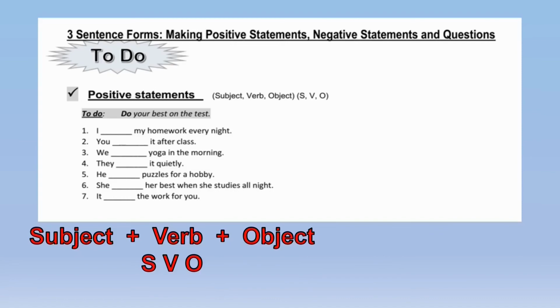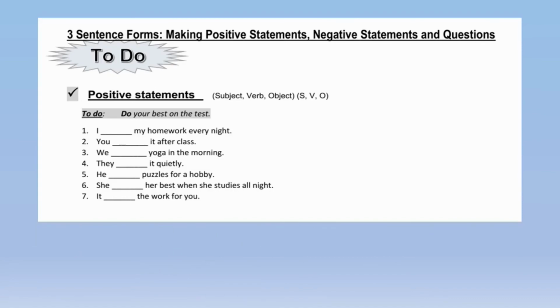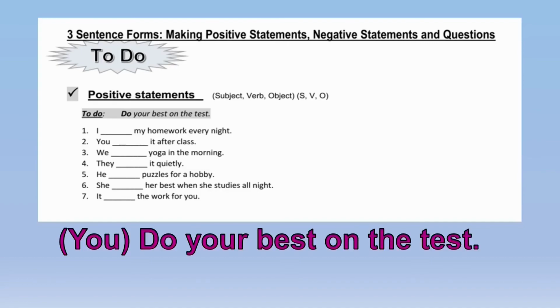SVO. Here's an example. Do your best on the test. Even though the sentence starts with the verb do, it is implied you. You is the subject, do is the verb, and your best on the test is the object. SVO.